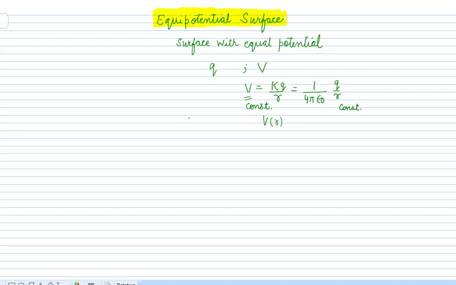So if we have a point charge q, which is a positive charge, then using this positive charge plus q at equal distance small r, we can draw an equipotential surface. This is our point charge plus q.